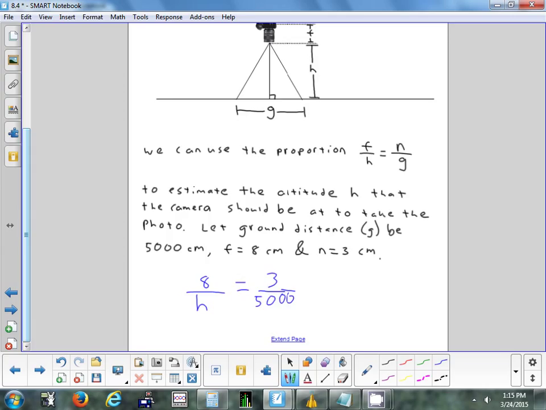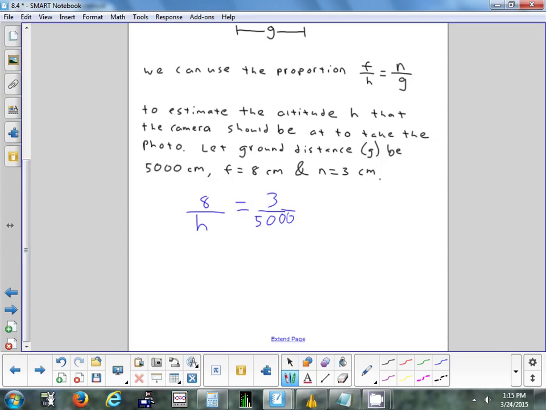Something like that. Okay, so what's the technique we use to solve a proportion? Cross multiply. Who can tell me what I get when I cross multiply? H times 3. Yep. And what's 5,000 times 8?